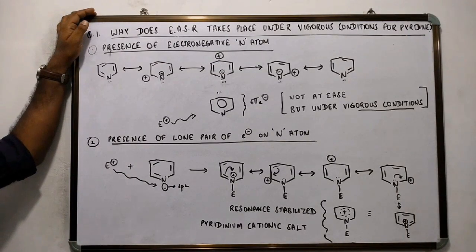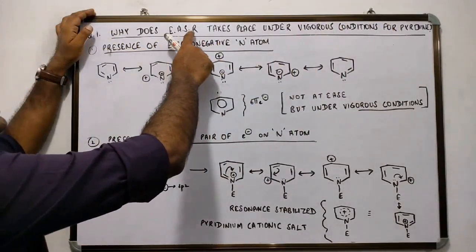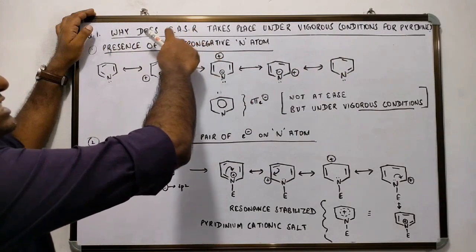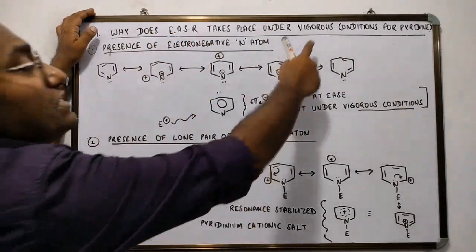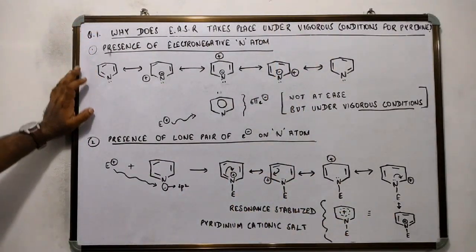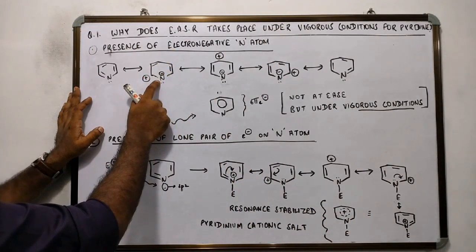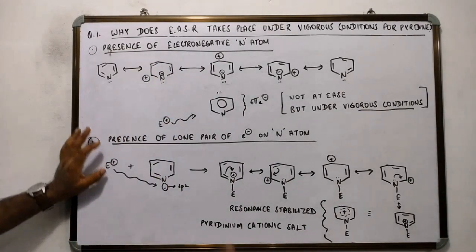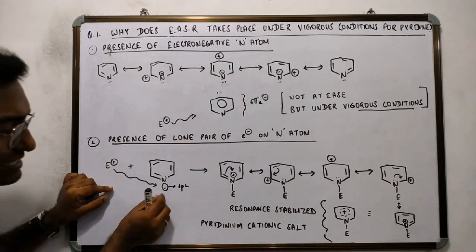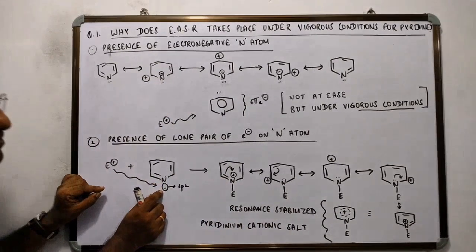Question number 1. Why is it that pyridine undergoes electrophilic aromatic substitution reaction under vigorous conditions? There are two reasons for this. Reason number 1, presence of an electronegative nitrogen atom. Reason number 2, presence of a lone pair of electrons on the nitrogen atom.